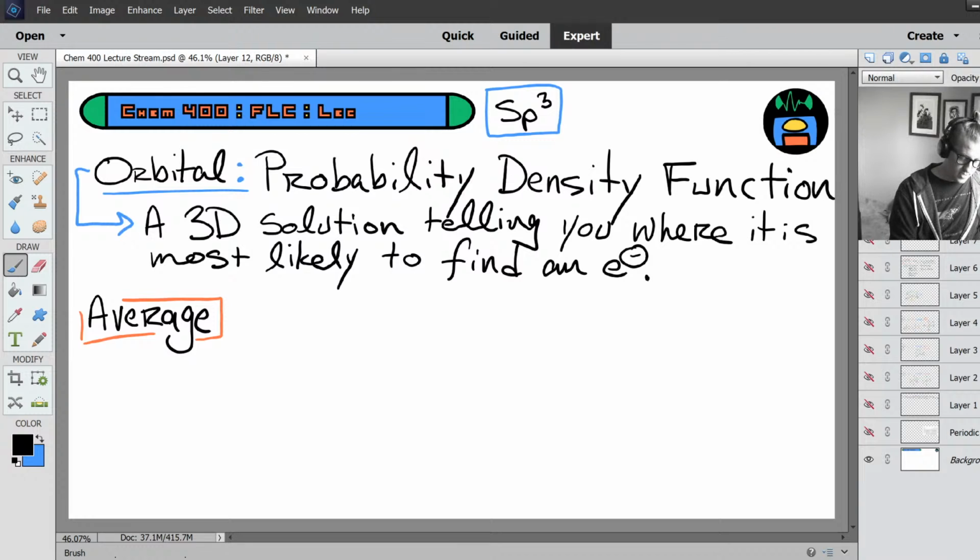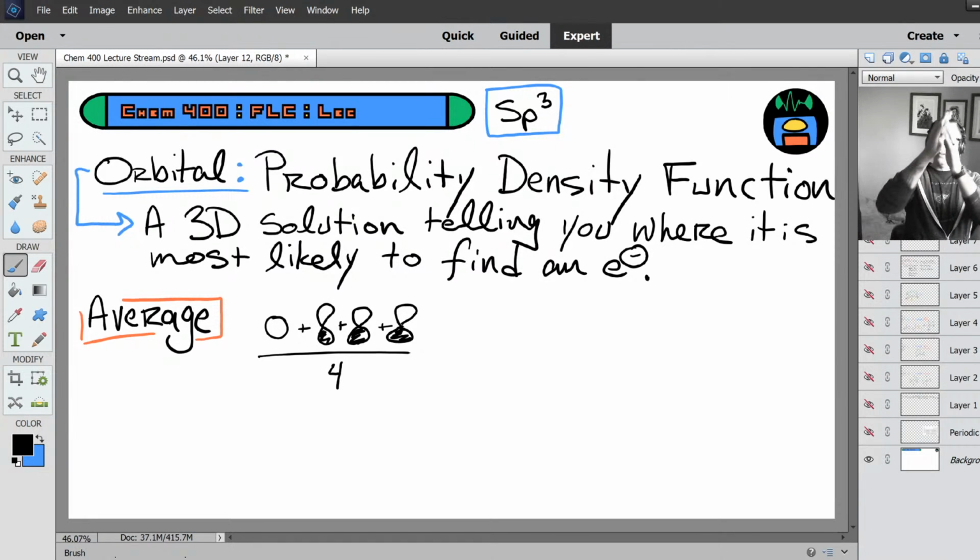They took the solutions for the s orbital, plus the solutions for those three p orbitals, and they averaged them together, right? With an average, you sum them all together and then chop them up. You add four things together, divide by 4, chop them up into 4 parts.